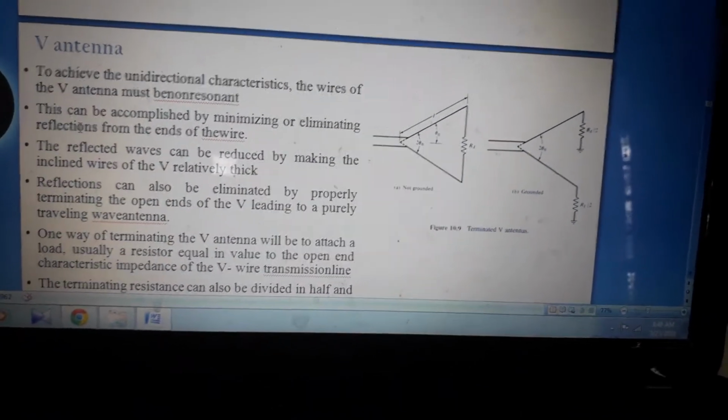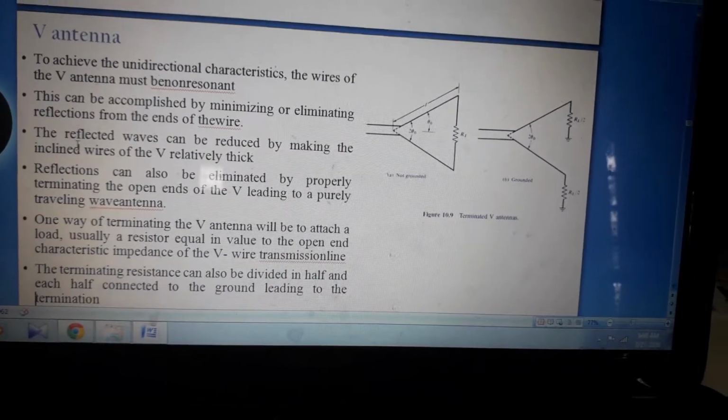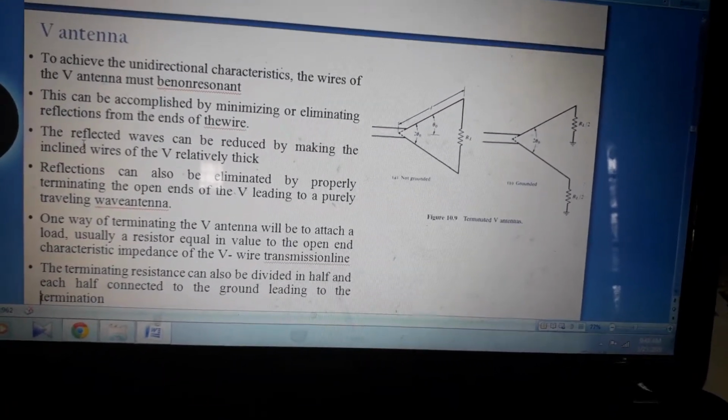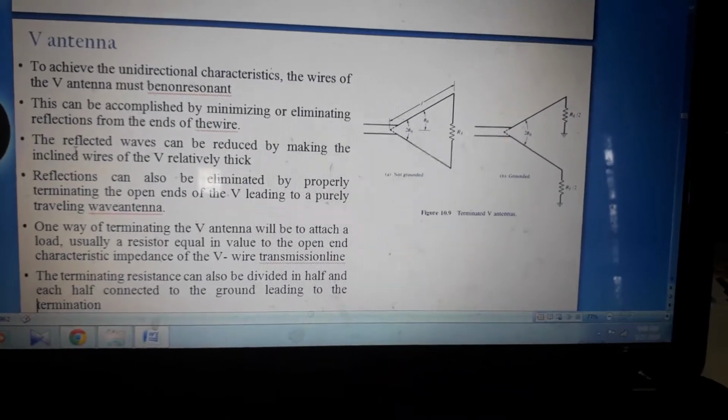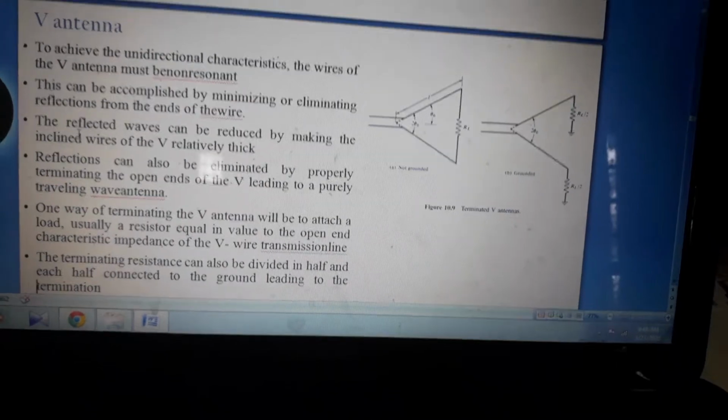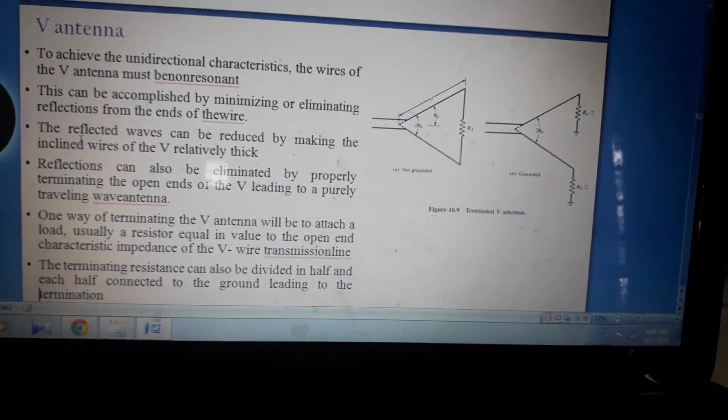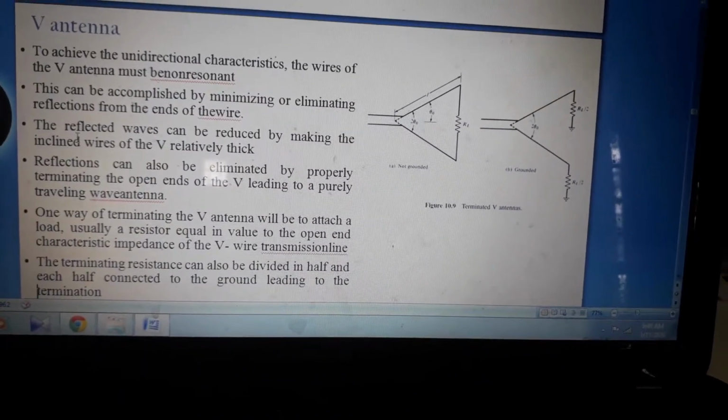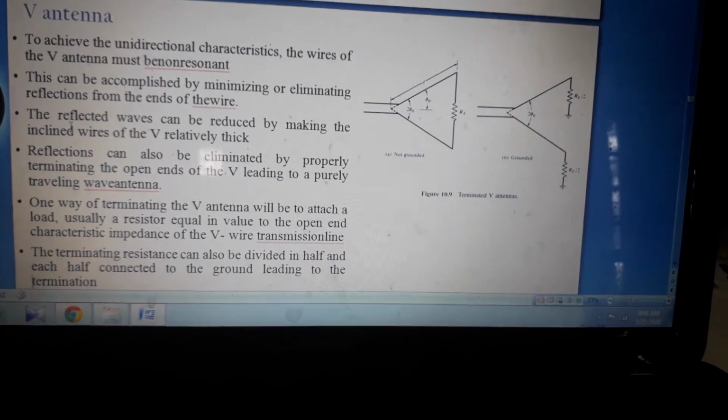To achieve the unidirectional characteristics, the wires of V antenna must be non-resonant. That is, to obtain the unidirectional property, the wires must be non-resonant, and this can be accomplished by minimizing or eliminating reflections from the ends of the wire.